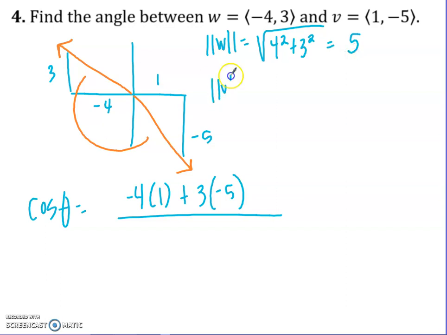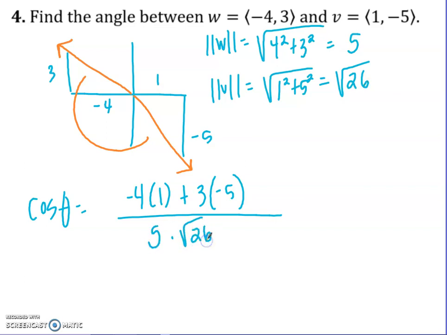And the magnitude of v. Leave that as the square root of 26. Okay, this is going to be 5 times the square root of 26. So on top we've got negative 4 and negative 15. So on top we have negative 19 over 5 times the square root of 26.